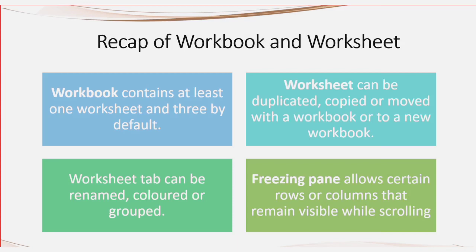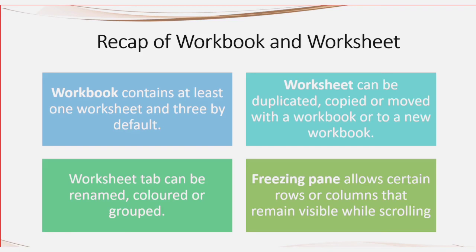Okay, a workbook contains at least one worksheet, and three by default. A worksheet can be duplicated, copied, or moved within a workbook or to a new workbook. A worksheet tab can be renamed, colored, or grouped.